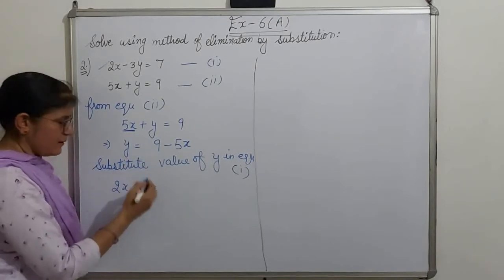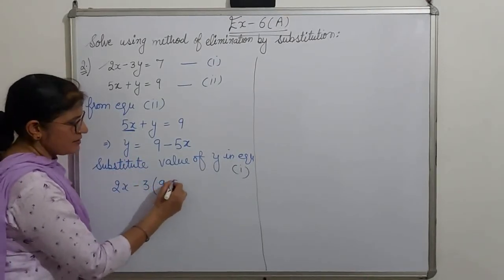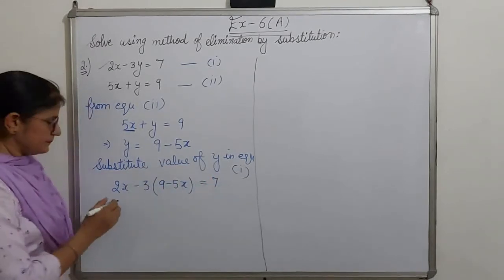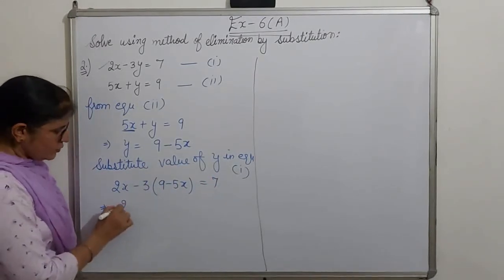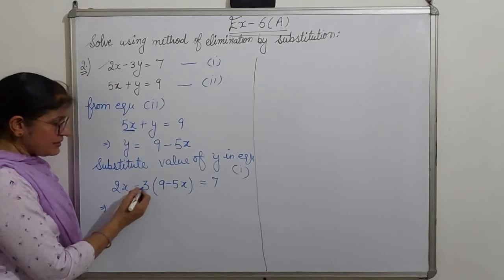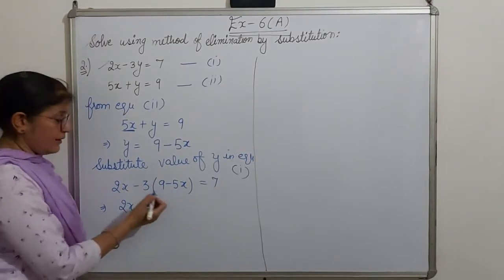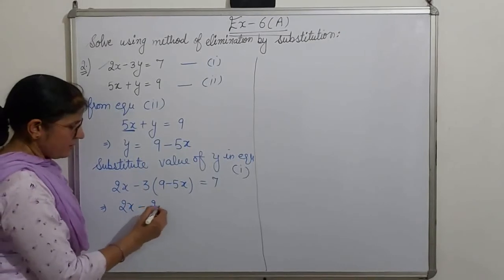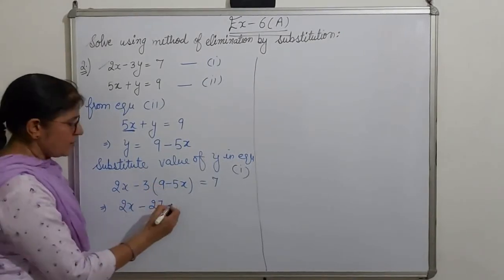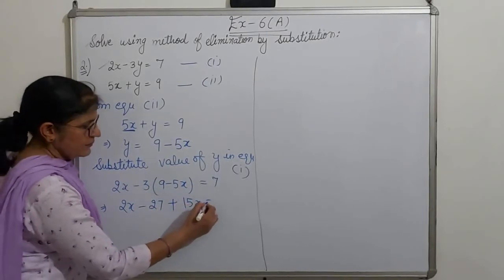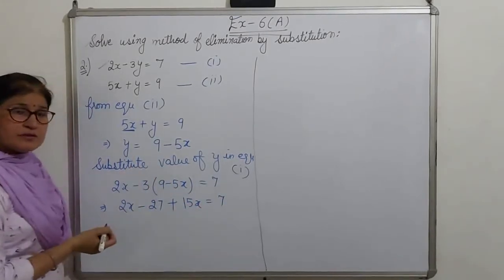What is y? 9 minus 5x equal 7. Now 2x, this minus and this 3 will be multiplied with both the terms which are in the bracket. Minus 27 minus minus plus 3 5s are 15x and it is equal to 7.